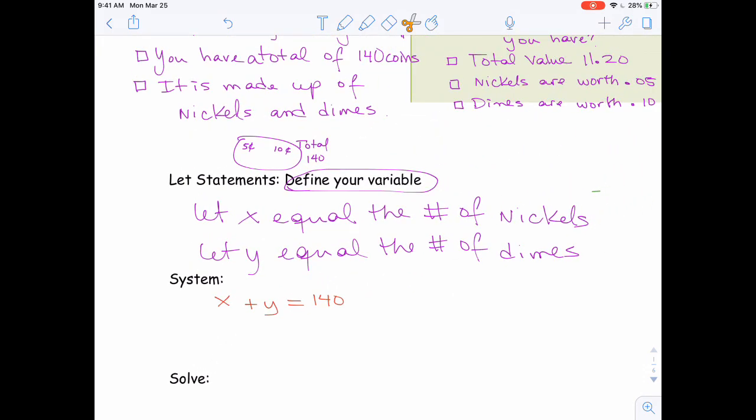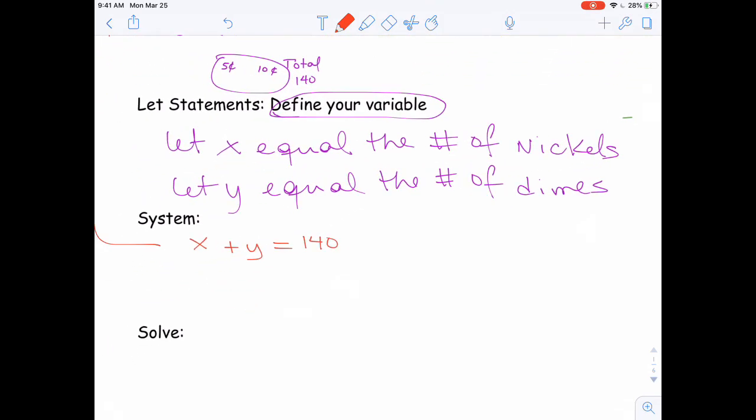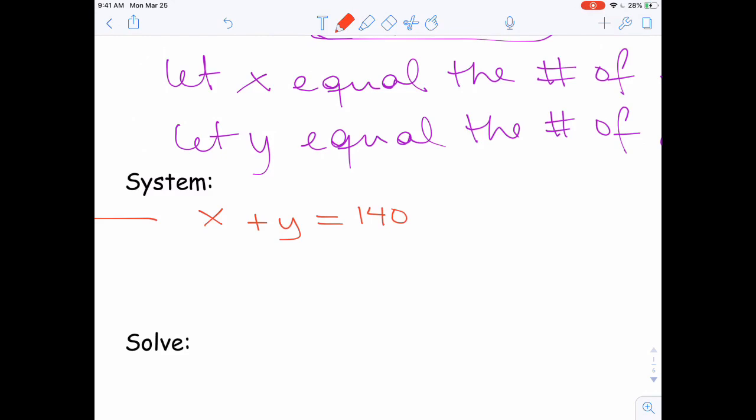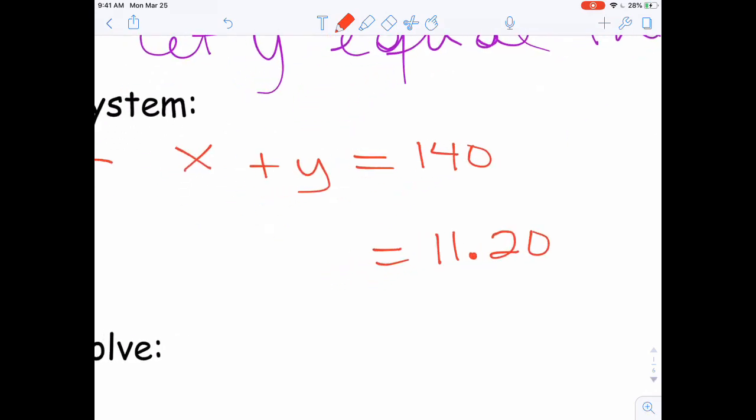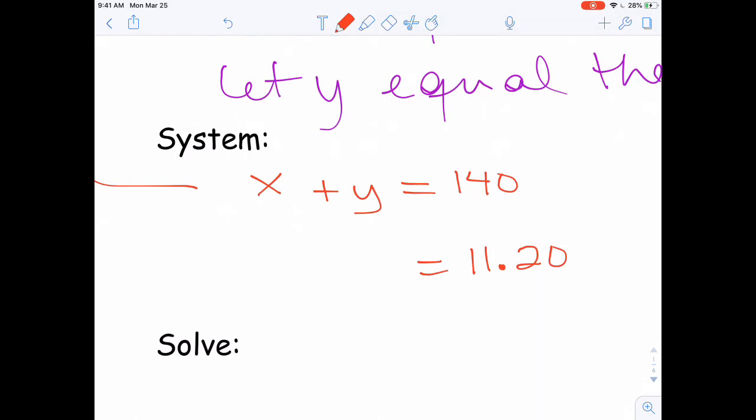Now we're going to write the second equation in terms of money. We know we have $11.20. What makes up the $11.20? If you think about a jar, you're not counting how many coins you have, but the value of it. But you need to know how many you have in order to know how much money you have.